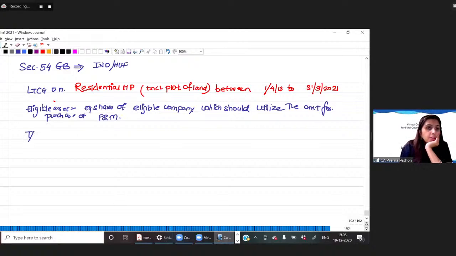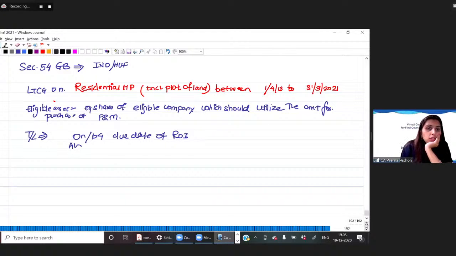What is the time limit for acquiring the shares? On or before the due date of filing of return of income.